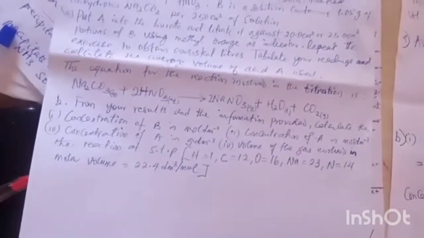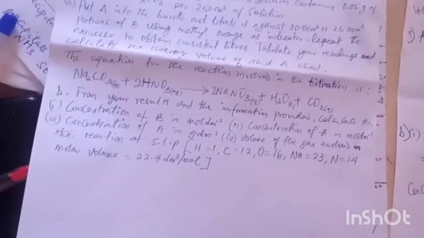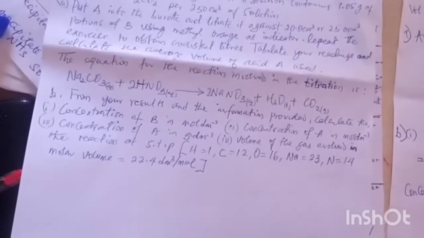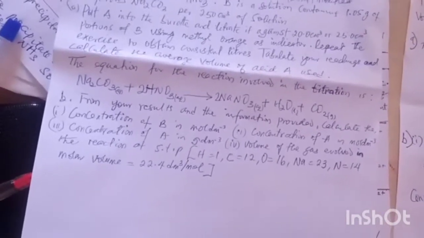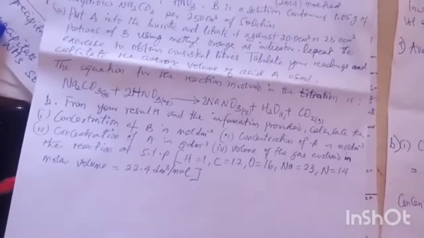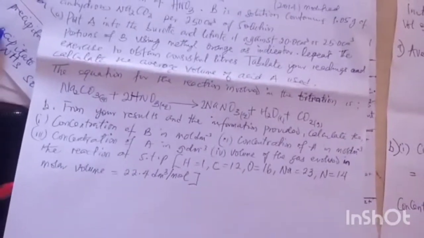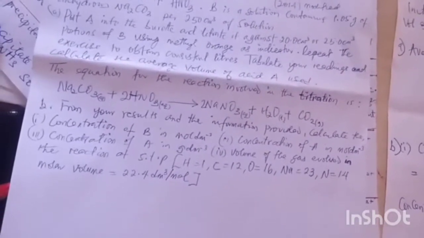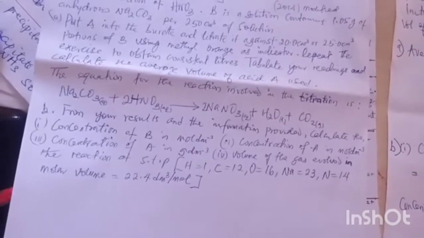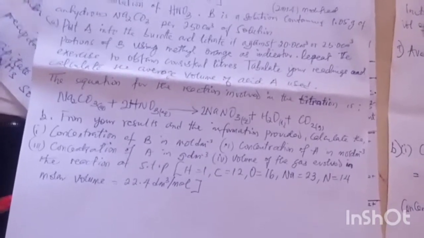The information we are provided include that the relative atomic mass of hydrogen is 1, carbon is 12, oxygen is 16, sodium is 23, nitrogen is 14, and the molar volume of a gas at STP is 22.4 dm cube per mole.